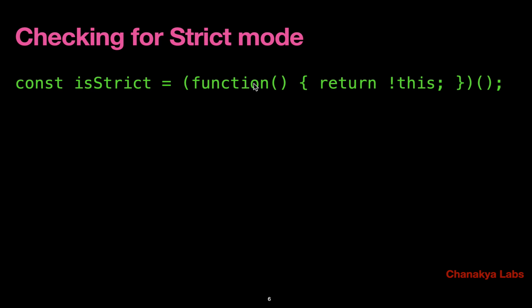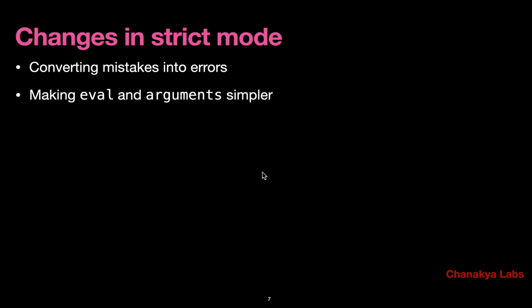Okay, so this should be it for now, and we will discuss this variable in detail in the next video, but for now it should be sufficient for detecting strict mode. Now, what are the things which are done in strict mode? A couple of things happen.